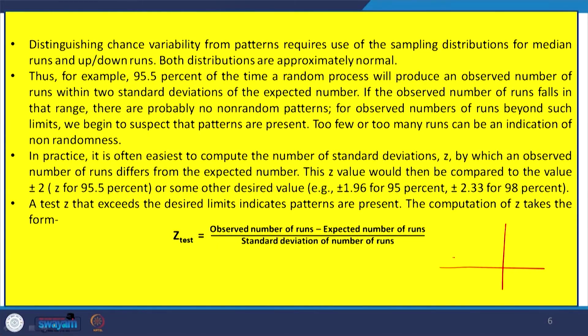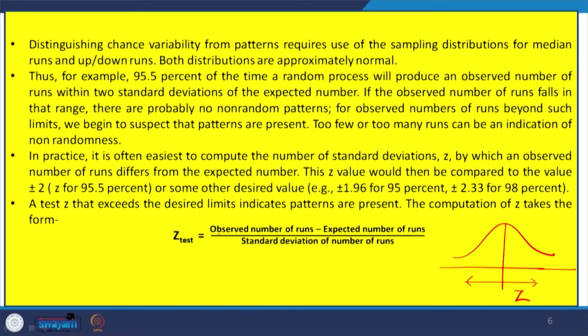Then, since we are going to apply the Z test, because we have assumed that it is going to behave in a normal distribution curve, and for knowing the value of our variation, we will normalize the entire variation on this Z scale. Therefore, we are interested in determining the Z value for a particular test.